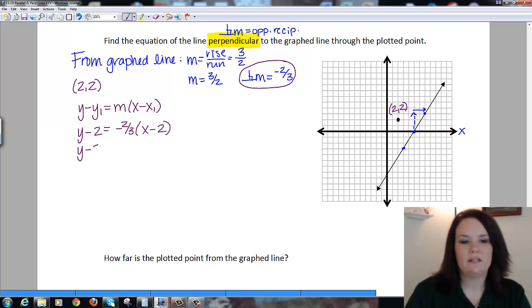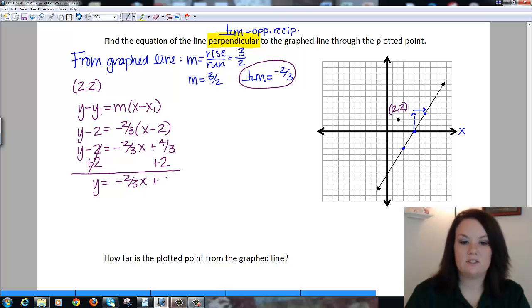So I go ahead and distribute my negative 2/3, which gives me negative 2/3 x plus 4/3. And then I'm going to move my 2 to the other side by adding. Okay. So I end up with y is equal to negative 2/3 x. Now, in order to combine these next two terms, I need a common denominator. Remember, 2 is the same as 2 over 1.